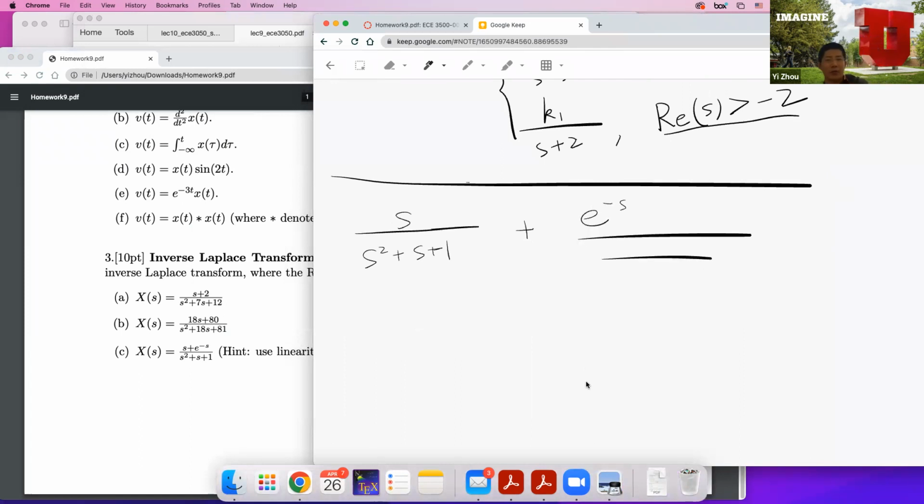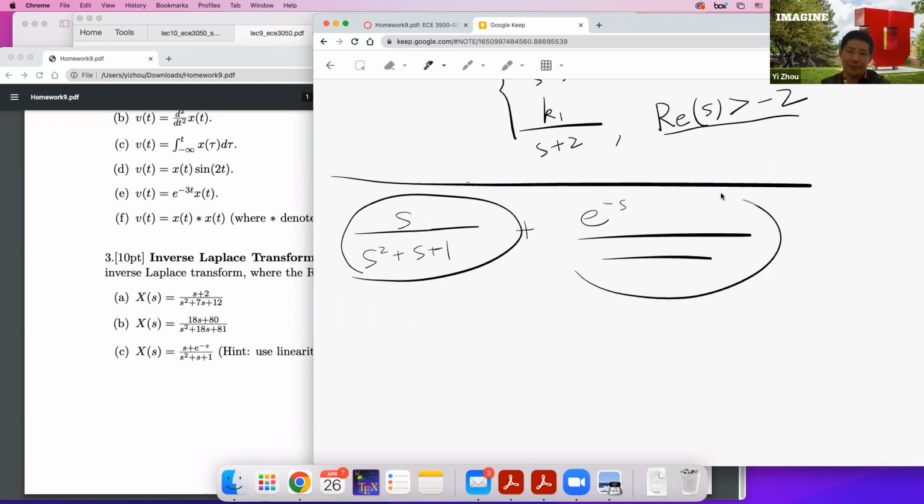So you separate these two parts, and now if you have the ROC, the first one should be straightforward. Once you have the poles and the ROC, you can find the inverse with a partial fraction expansion. This is standard. Now for the second one, you need to handle this exponential.